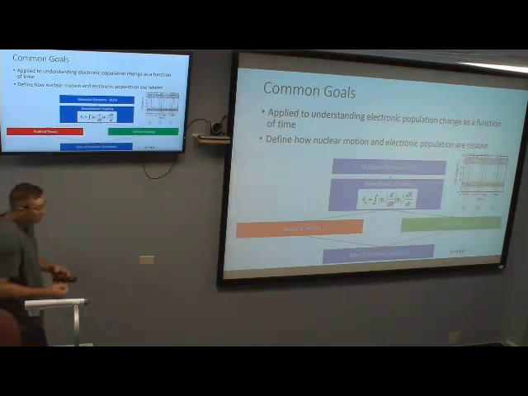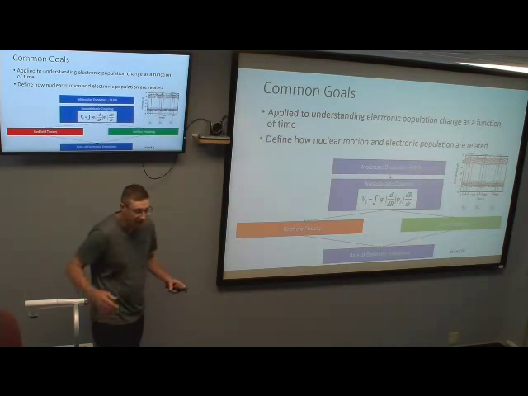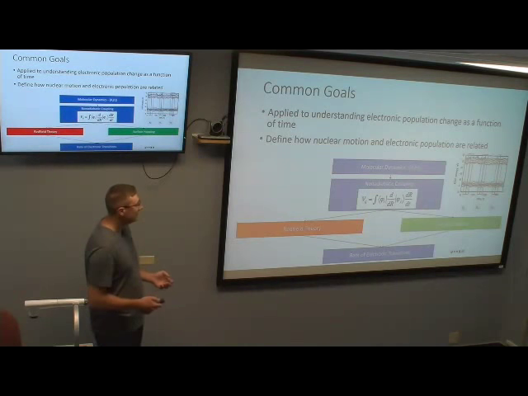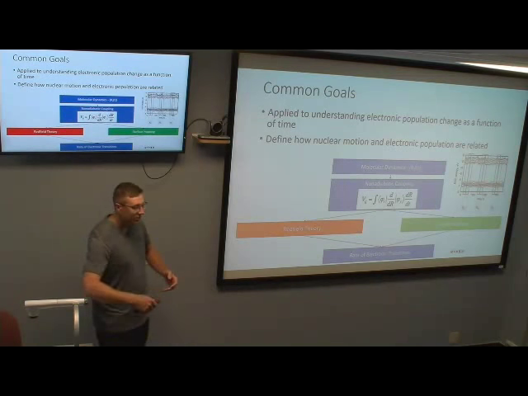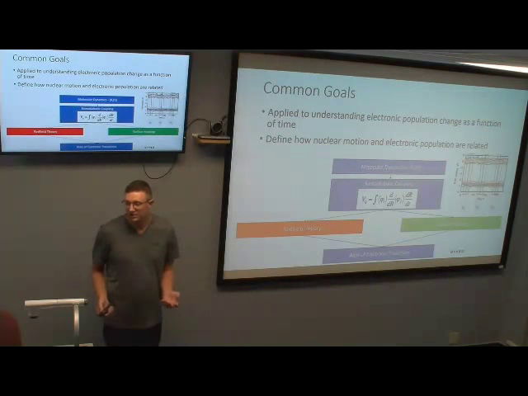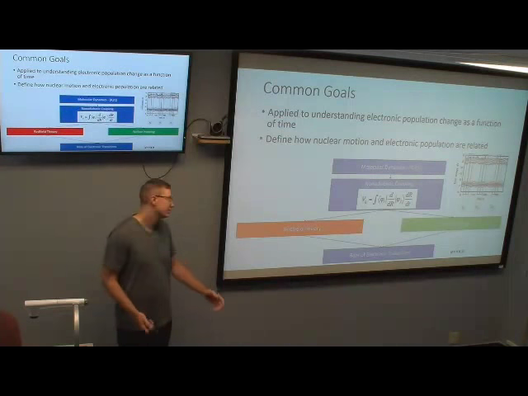Okay. Going through the technical portions of what we talked about on Tuesday, we have a pretty good idea that we are now interested in how nuclear motion is going to affect electronic population, and how those types of electronic relaxations play into things such as photovoltaics or optoelectronics.